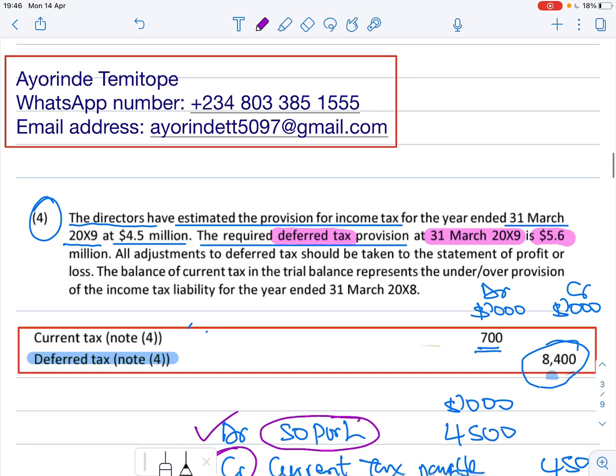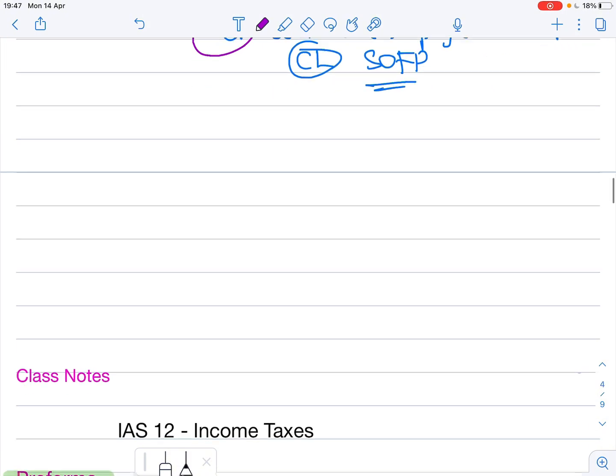So going back to the notes, it says the directors have estimated the provision for income tax for the year ended 31st March 20X9 at $4.5 million. We've treated this 4.5. Now, the required deferred tax provision at the year end, which is 31st March 20X9, is $5.6 million. We've treated that as well. And we are told here that all adjustments to deferred tax should be taken to the statement of profit or loss. Now, that was what we did here.